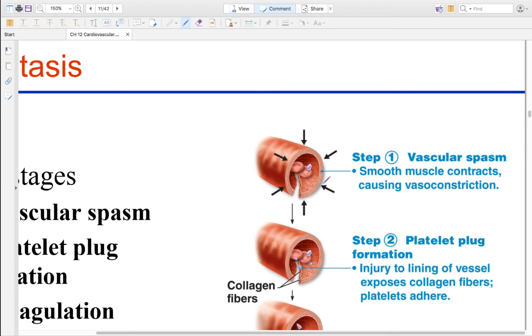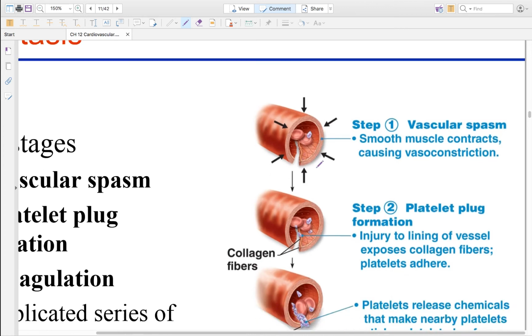The body's going to know, and immediately there's going to be a vascular spasm, which means that the smooth muscle that makes up your vascular tissue is going to vasoconstrict, or in other words, contract. That's the first step.